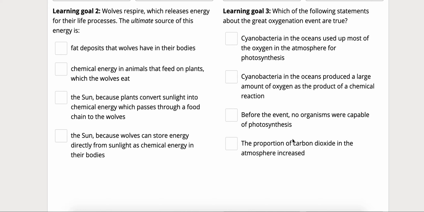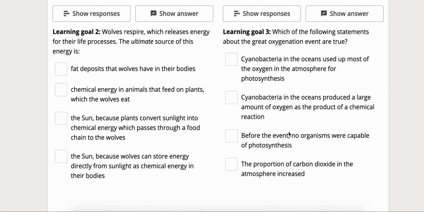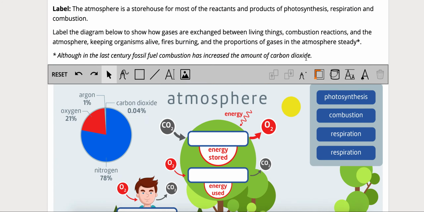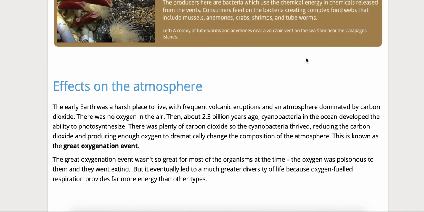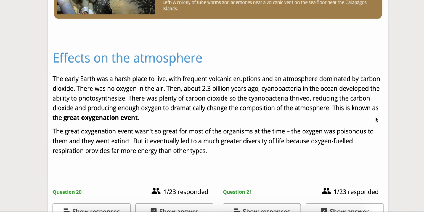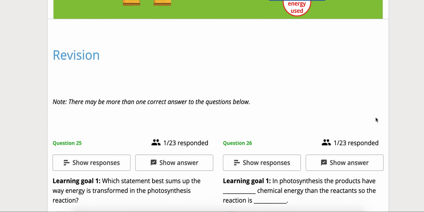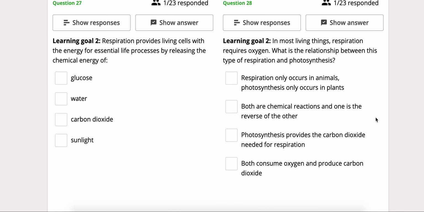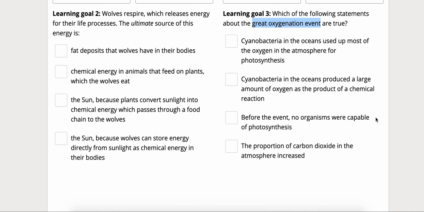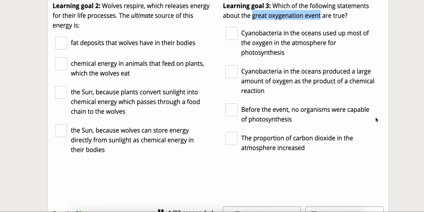Or the proportion of carbon dioxide in the atmosphere increased. So a quick refresher about the Great Oxygenation Event for question 30. Our answer was supplied to us in this paragraph here. So pause this video, have another read through it, and then come back down here and select your most appropriate answer or answers.